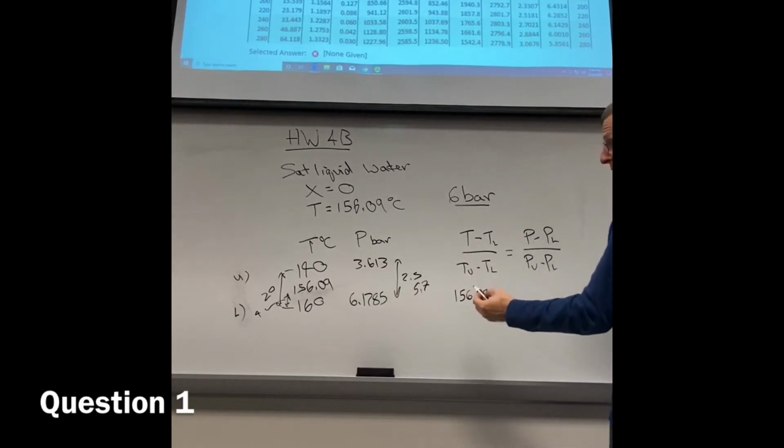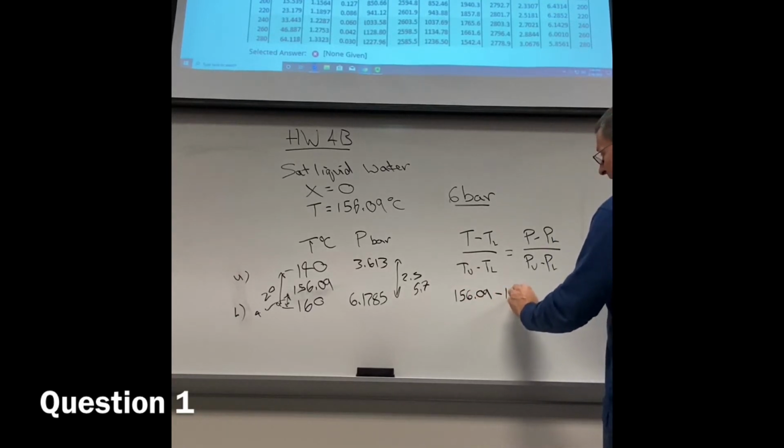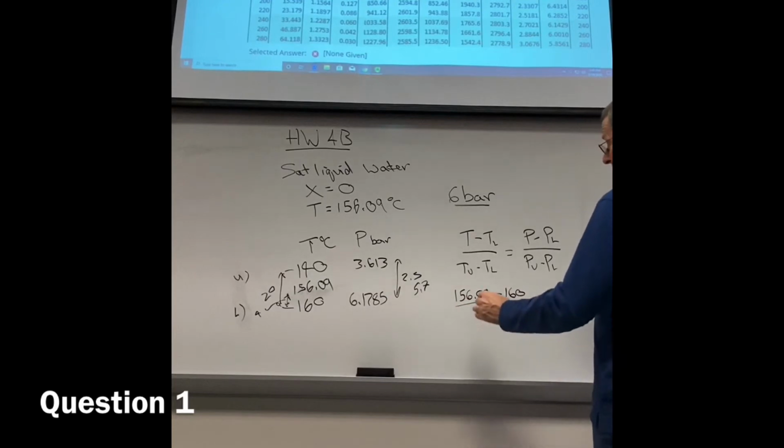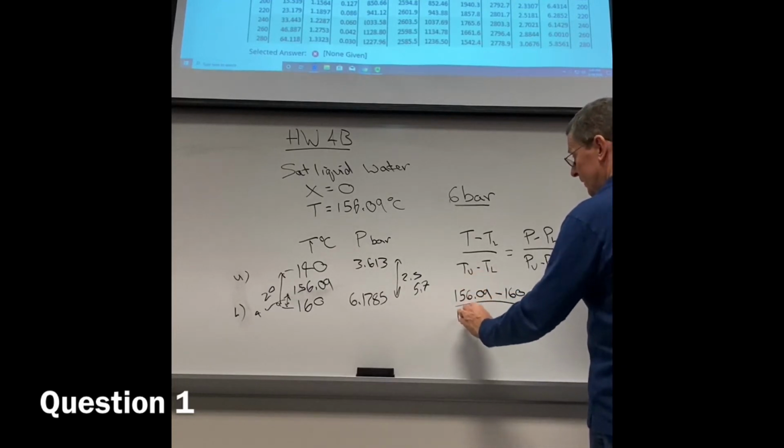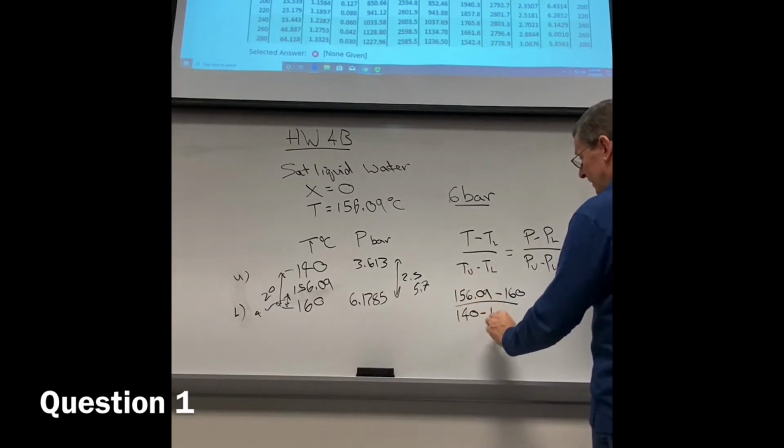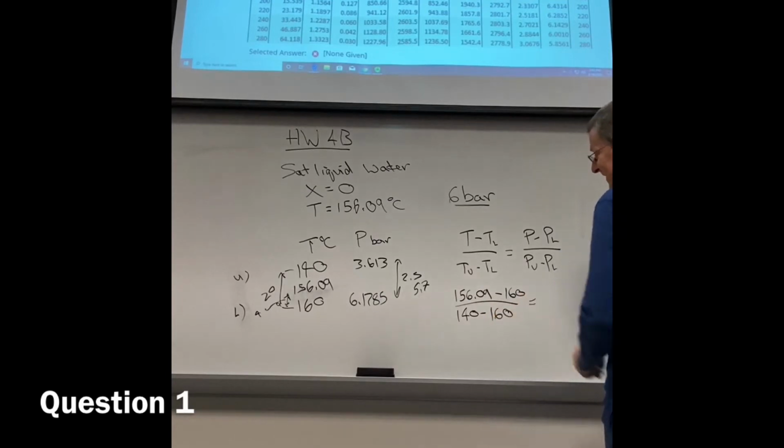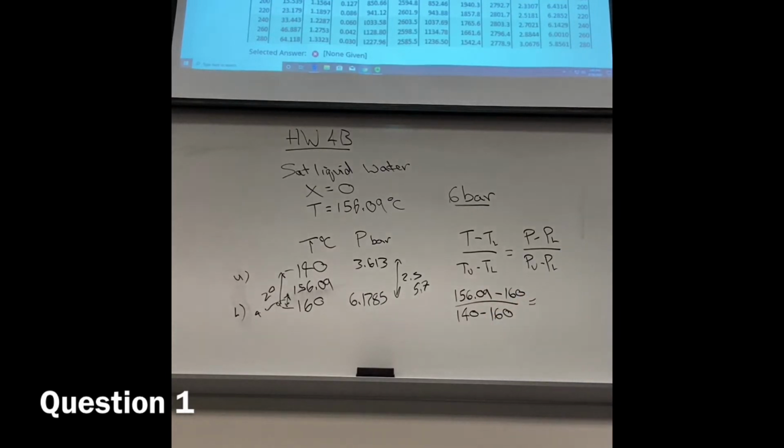And then I'm going to use the lower row, minus 160, over the upper row, which is 140, minus 160. And then we find out we're going to get two negative values, but it won't change the answer. And P minus 6.1785.